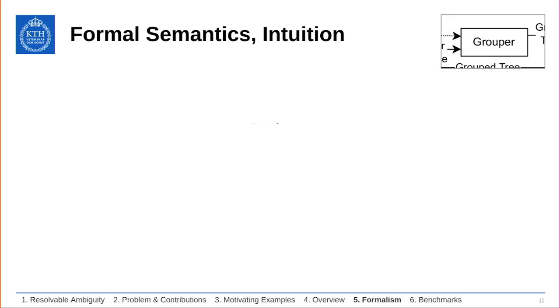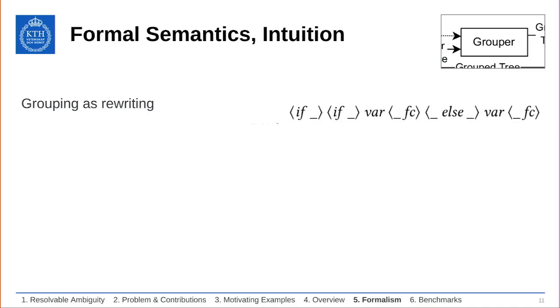So all ambiguity lives in the grouper, and we have a proof that talks about ambiguity. That means that all our formalism lives inside of this grouper. So intuitively speaking, we see grouping as a series of rewrites. We start with a sequence of operators, and this is the same one I showed on the previous slide, just a bit briefer: if instead of if-then, and fc instead of call for function call.